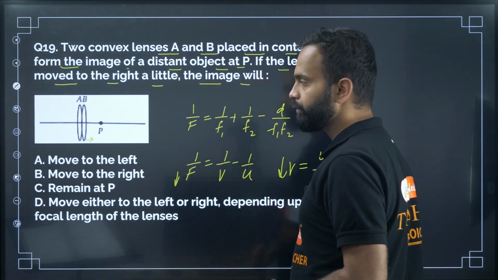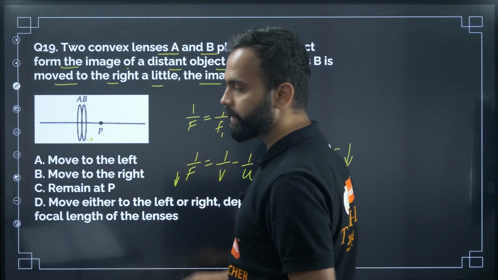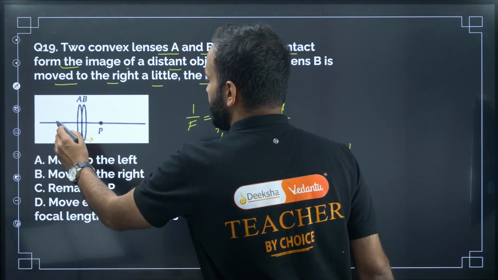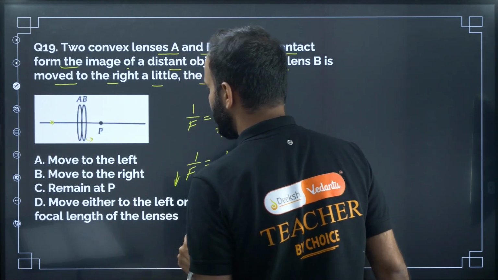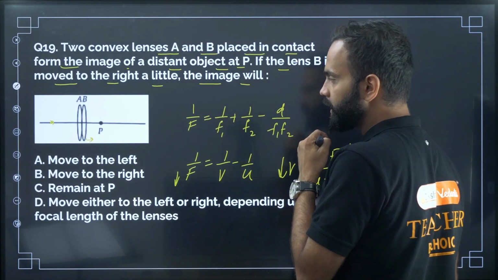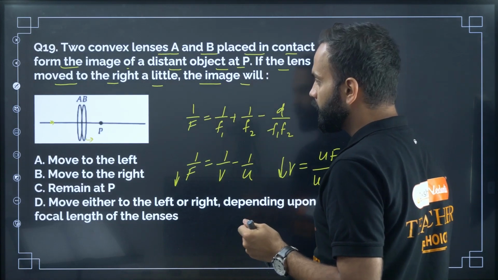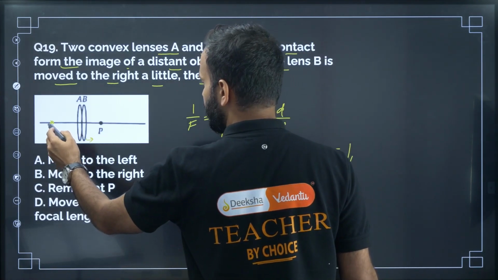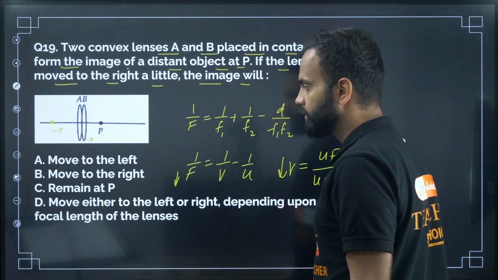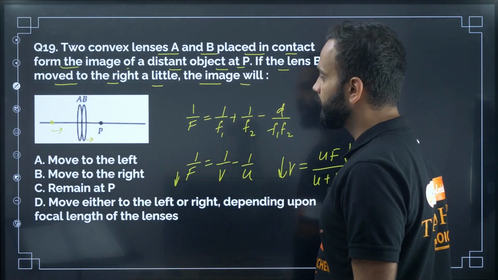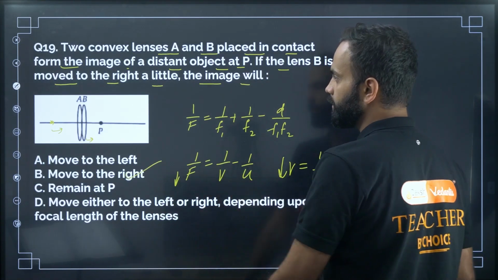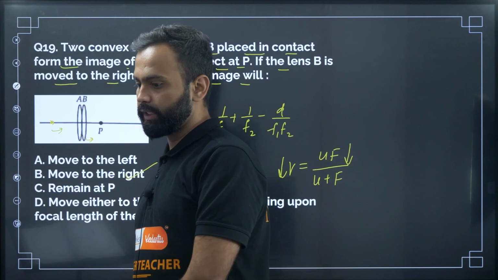If you move the lens B towards the object, what happens? The image distance will also decrease, right? So that is, image will move to the right, isn't it? The image will move to the right. So the correct option is B.